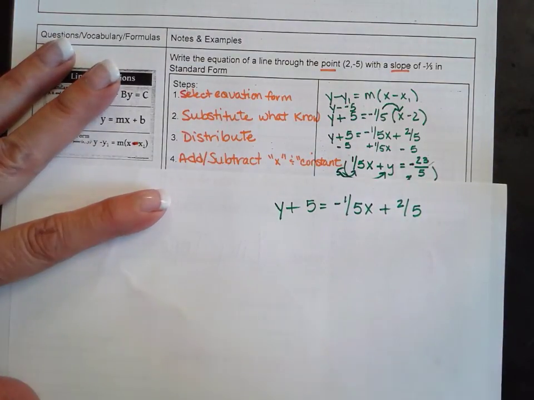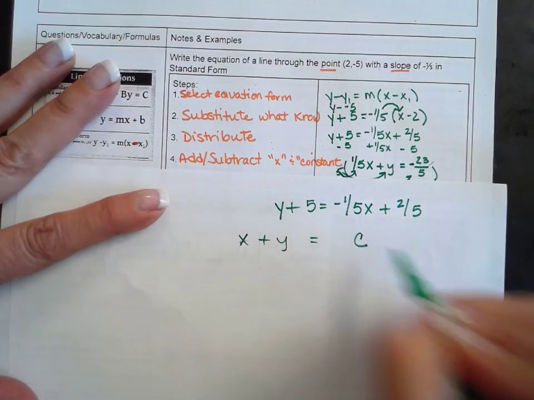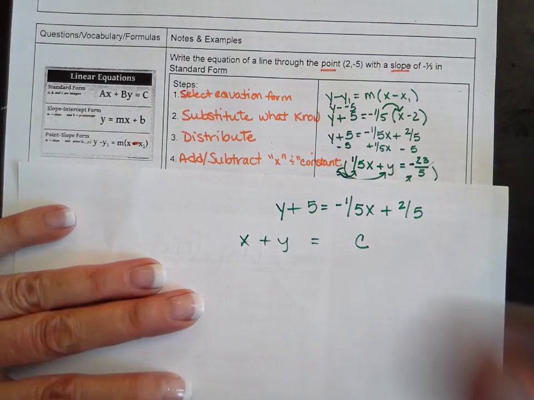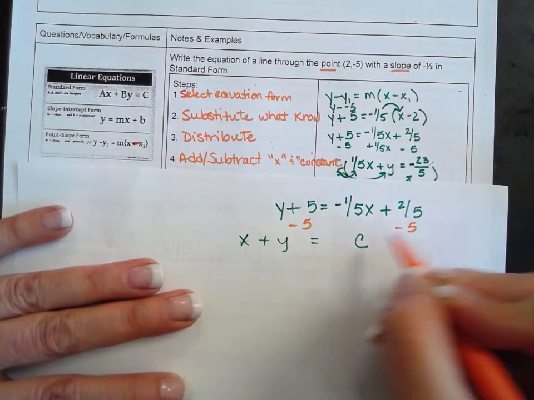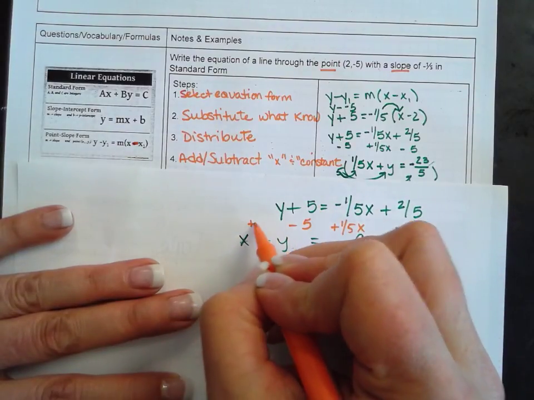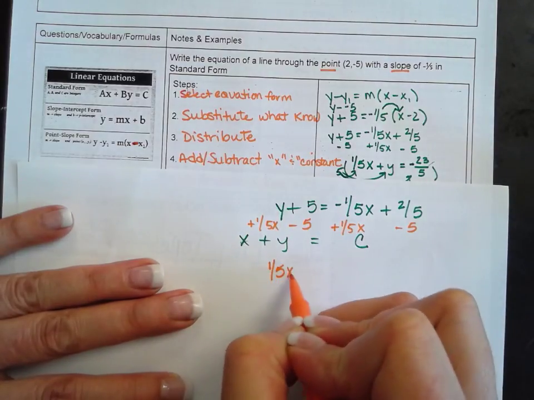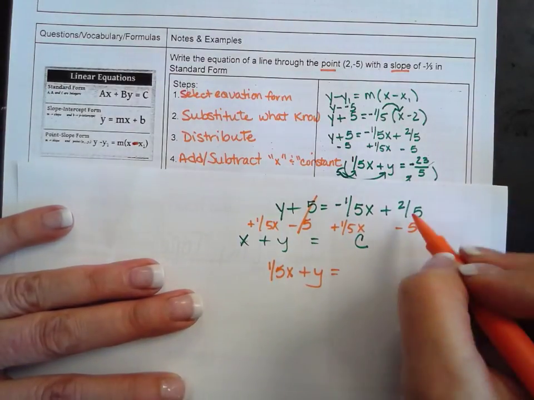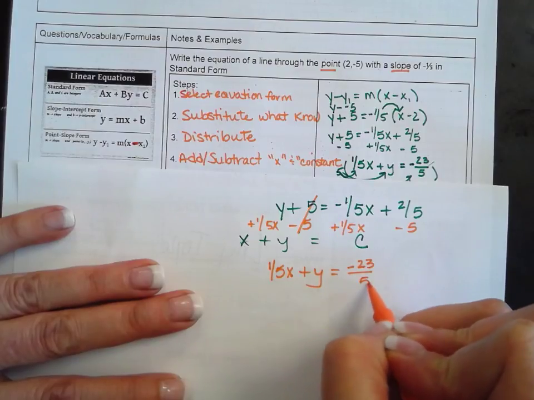I need everything to be x plus y equals c. C is just the number. So I subtracted 5 to get my 5 on the other side, and I added 1/5 x, so that I ended up with 1/5 x plus y, those canceled, and then 2/5 minus 5 gave me -23/5.